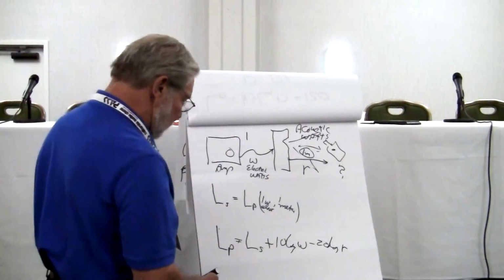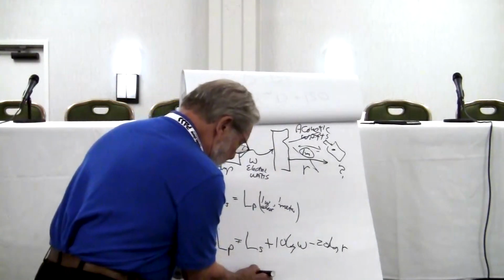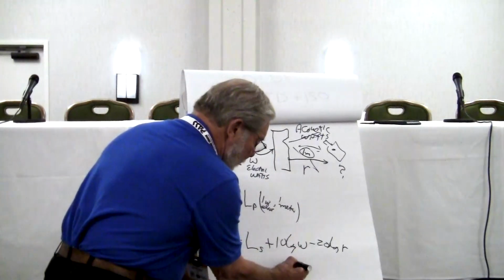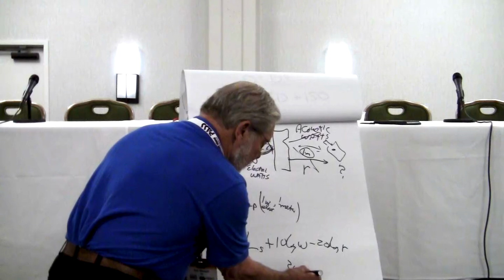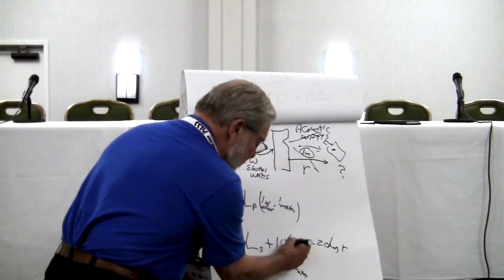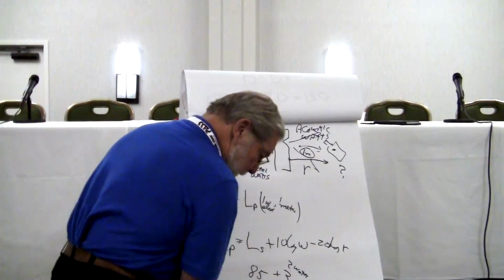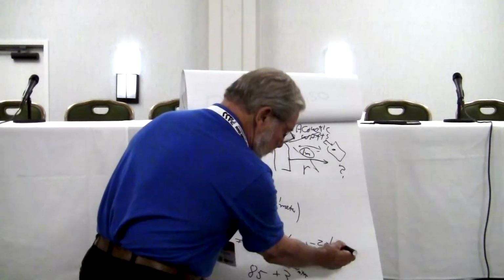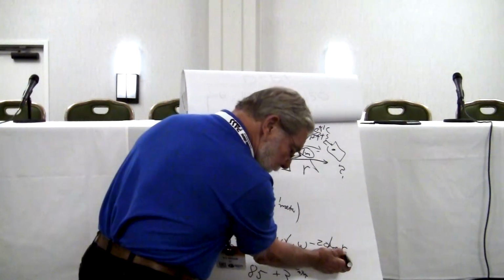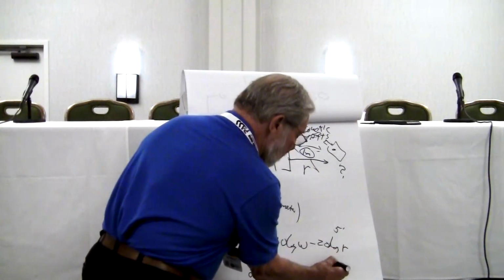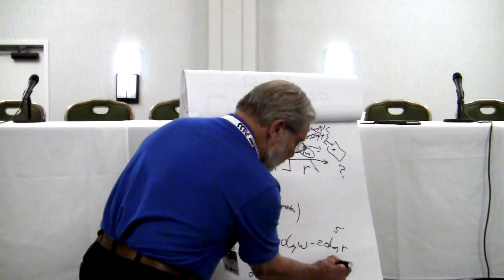For example, if we have a speaker with 85 dB sensitivity, and we're putting 2 watts into it, 10 log of 2 is the number 3. And if you're 5 feet away from this thing, this number here becomes 9.5.